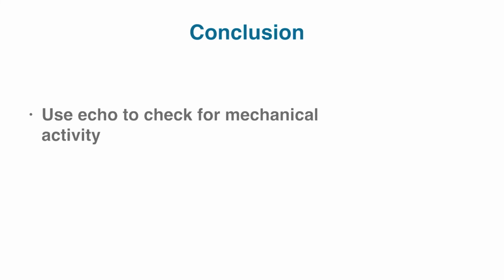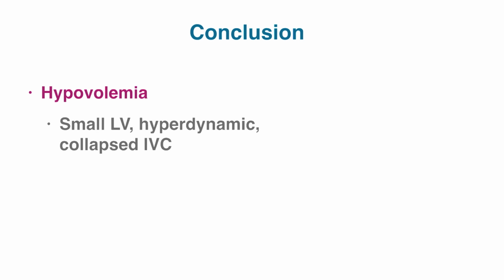So let us conclude. Use echo to check for mechanical activity, especially in PEA, and look for the cause. In hypovolemia, look for a small left ventricle, hyperdynamic ventricle, and collapsed inferior vena cava.